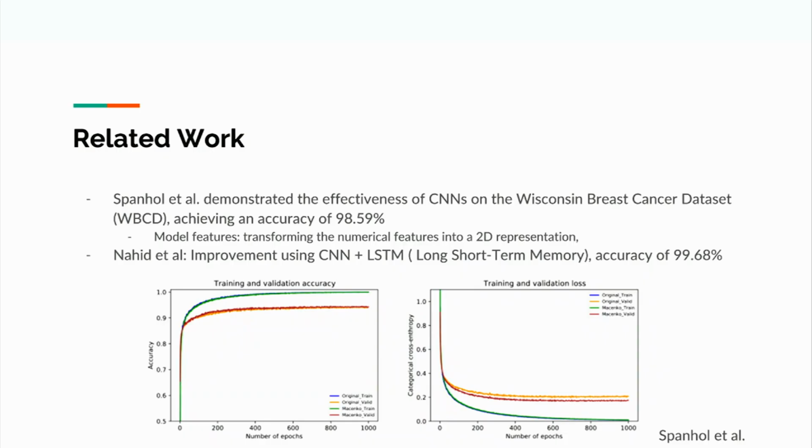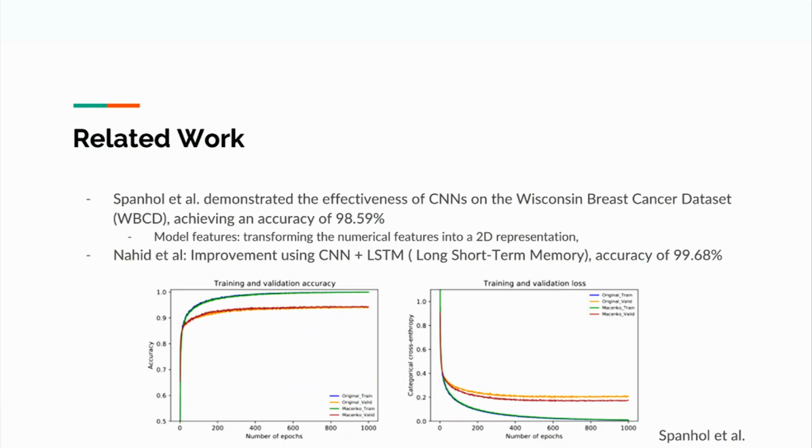The first paper that influenced us was Spanhole et al., which demonstrated the effectiveness of CNNs on the Wisconsin breast cancer dataset, the one we employed in this study. They achieved an accuracy of 98.6%, which is a really high benchmark. Their key model feature was transforming the numerical features into a 2D representation, which allows them to be used on a neural network.